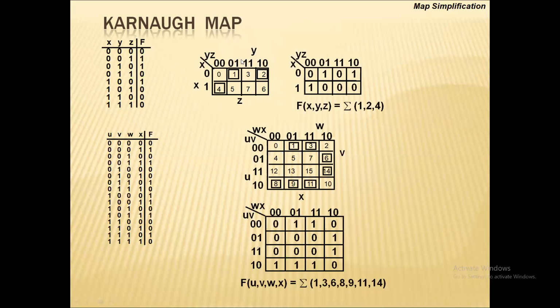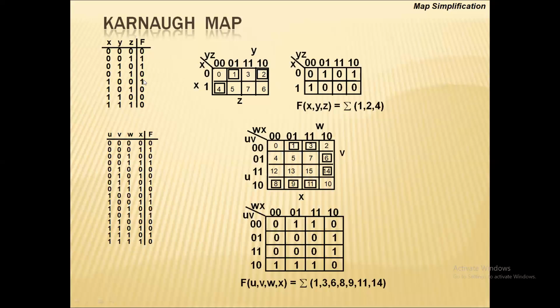So we have a valid output for 1, as you can see here, 0 0 1. So this is the 1 cell, and it is surrounded as a square. Then we have 2, that is 0 1 0, you see here this one.